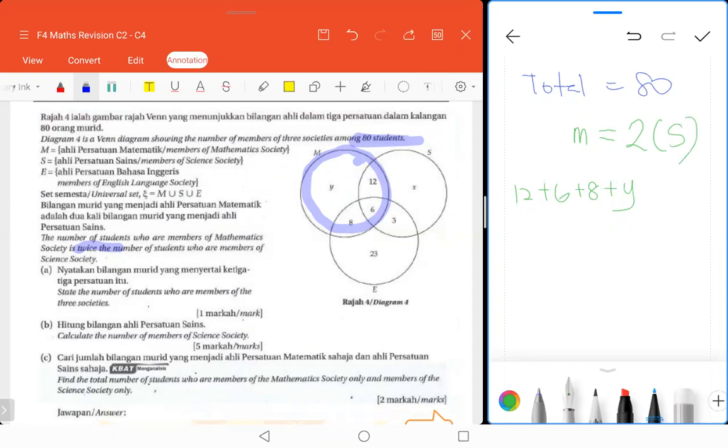M equals 2S. After you get the total members of Maths Society, then you put equal to 2 times the Science Society. So you'll be here.